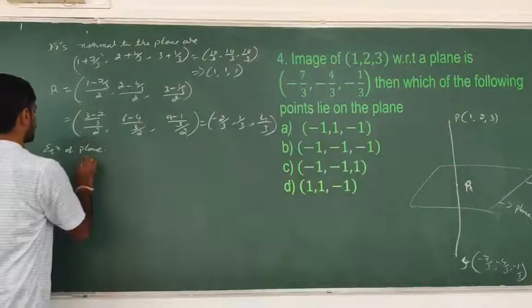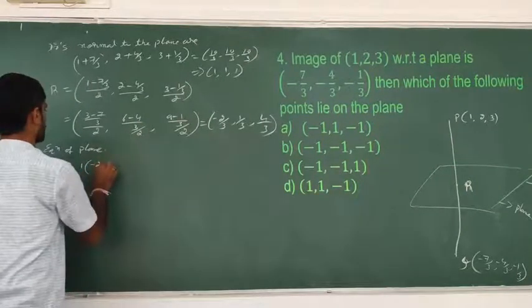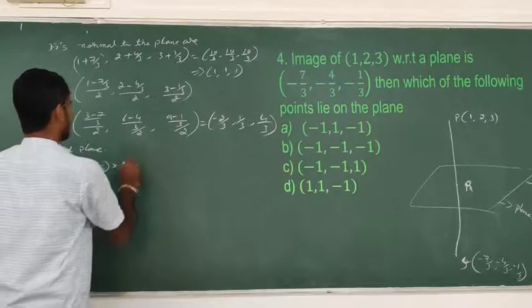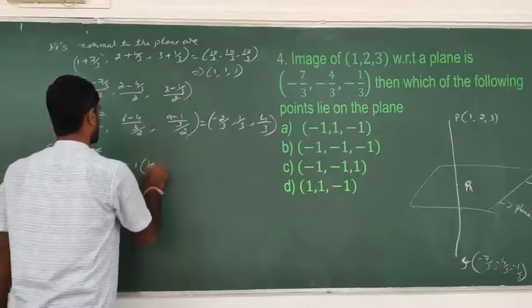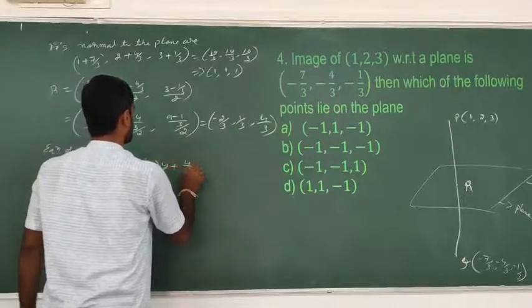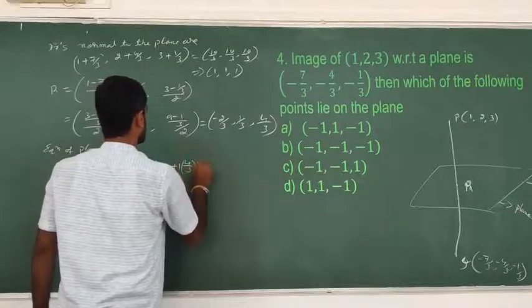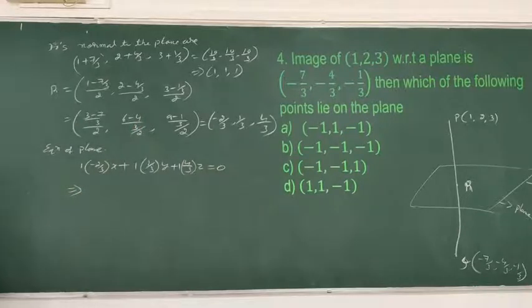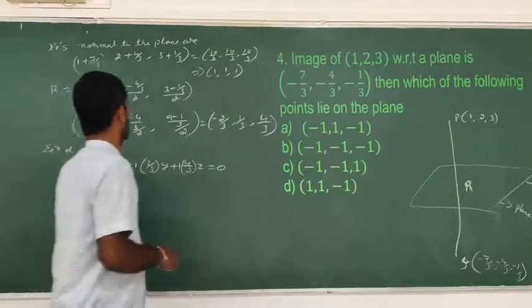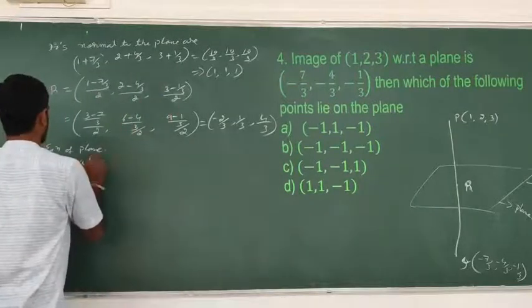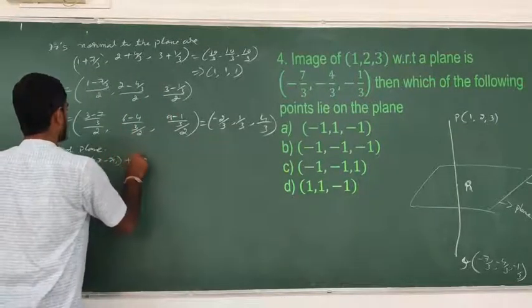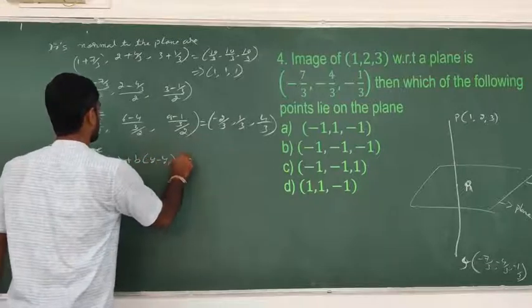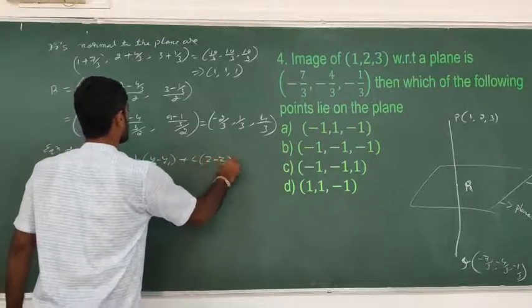Now the equation of the plane is 1 into minus 2 by 3 into x, plus 1 into 1 by 3 into y plus 4 by 3 into 1 into z equal to 0. Actually that is not the formula. The formula is a into x minus x1 plus b into y minus y1 plus c into z minus z1 is equal to 0.